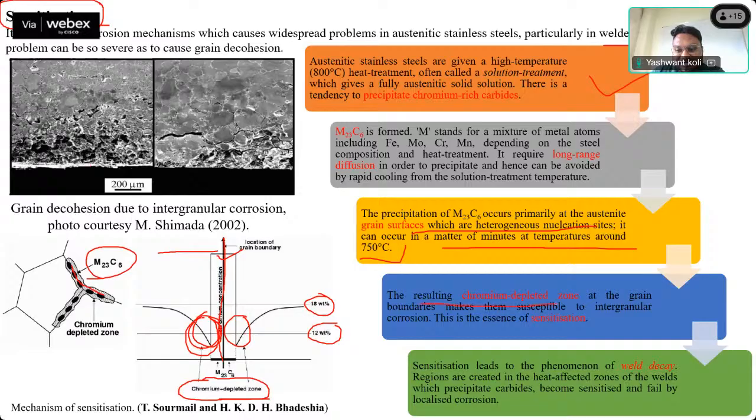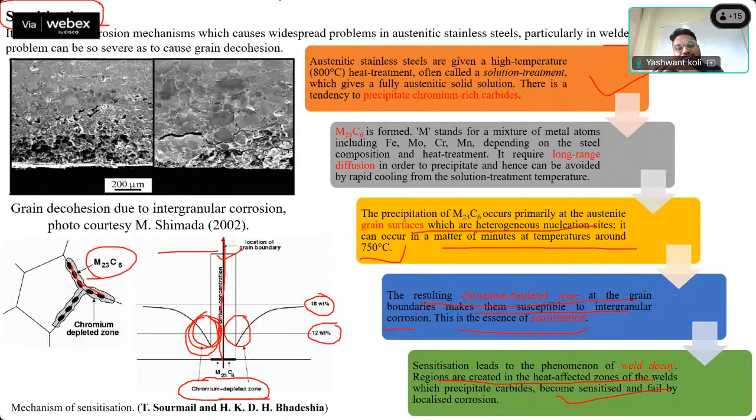The resulting chromium depleted zone at the grain boundaries makes them susceptible to intergranular corrosion. This is the essence of sensitization. Sensitization leads to the phenomenon of weld decay. Regions are created in the heat affected zone at the welds which precipitate carbide because of sensitization and fail by localized corrosion.